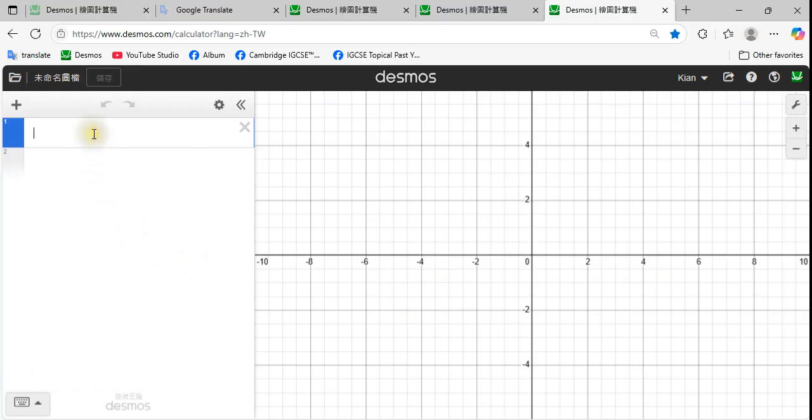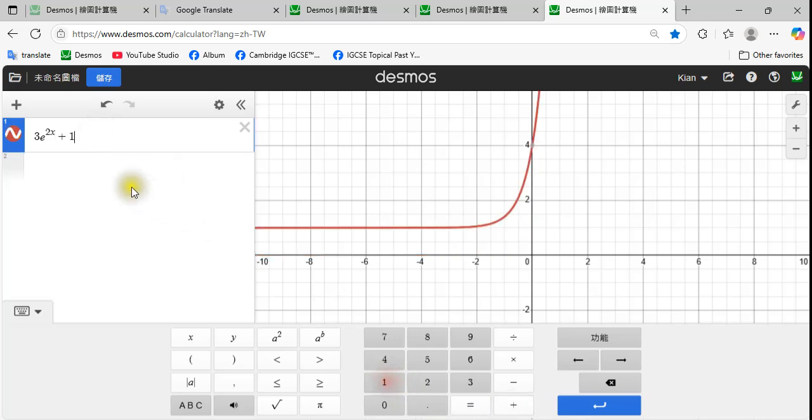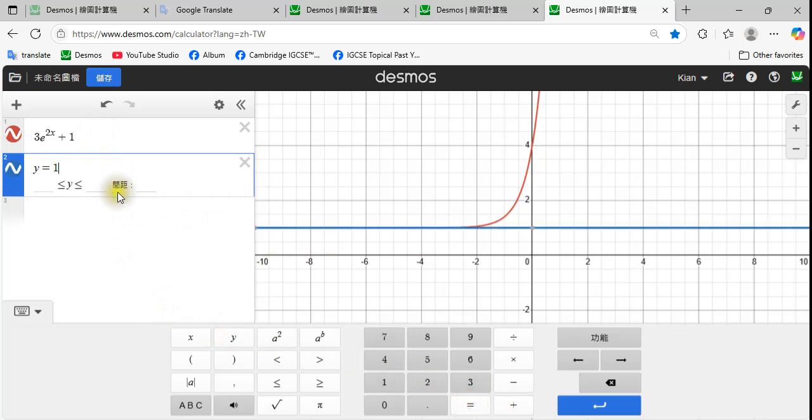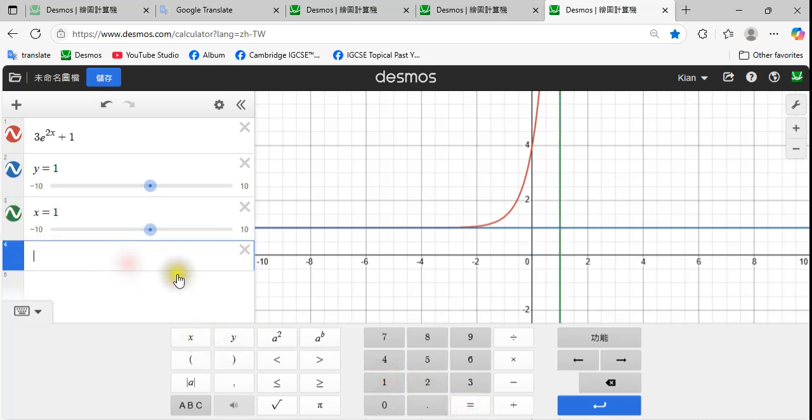Okay, so if we use Desmos, we have 3e to the power of 2x plus 1, and then we have y equal to 1 as the asymptote, and x equal to 1 as the asymptote. Then we have 1 over 2 ln of x minus 1, over 3.